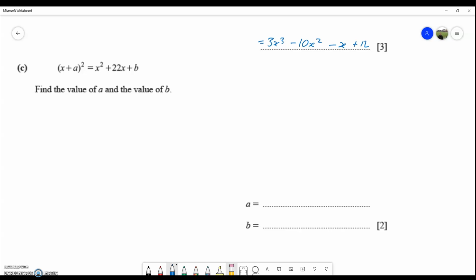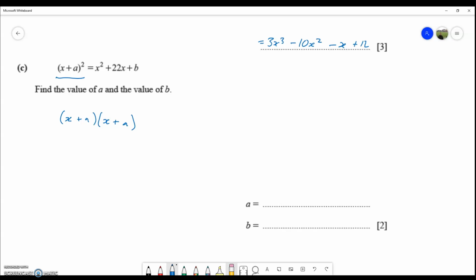So for the third one, slightly trickier. The key thing is to really break down and try and use the properties that we know from our expansion. So if we start off by thinking about the left-hand side, what does that mean? It means that we have x plus a times x plus a.